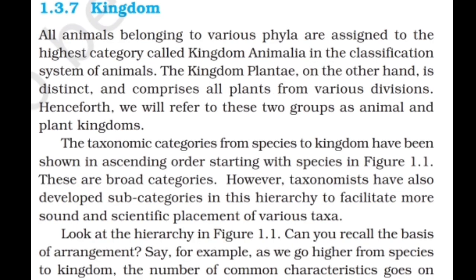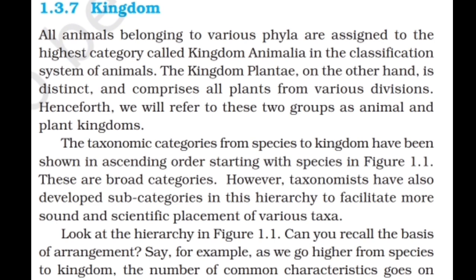1.3.7 Kingdom. All animals belonging to various phyla are assigned to the highest category called kingdom Animalia in the classification system of animals. The kingdom Plantae, on the other hand, is distinct and comprises all plants from various divisions. Henceforth, we will refer to these two groups as animal and plant kingdoms.